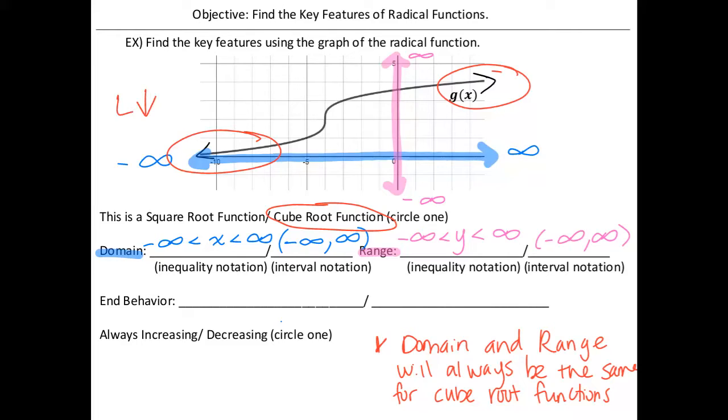Downwards. Okay, and we're going to use this over here. It's a left down. So left is negative, down is negative. It's a negative, negative. Okay? So we say as x approaches, left is negative, g of x approaches down is also negative.